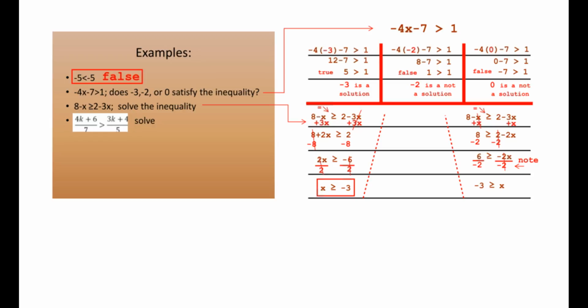So that implies that our sign has to switch to the opposite direction. So instead of being negative 3 is greater than or equal to x, it's going to be negative 3 is less than or equal to x. And now this makes this statement be exactly the same as the other one, except in reverse direction. So, therefore this is a correct statement.